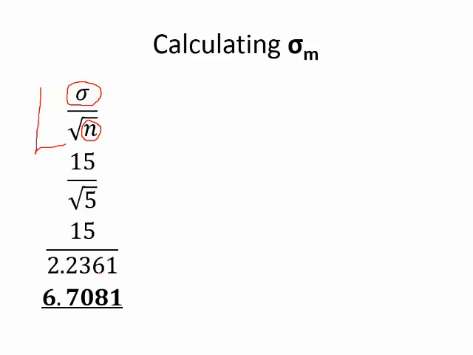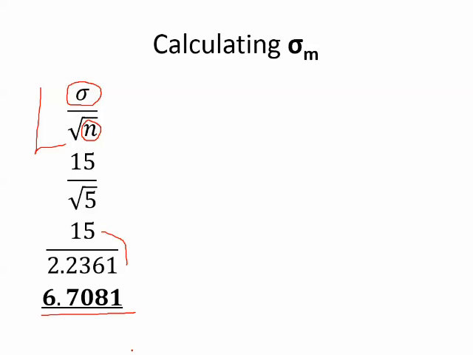So we take 15 and divide it by the square root of 5, and we end up with 6.708. So that should make sense.